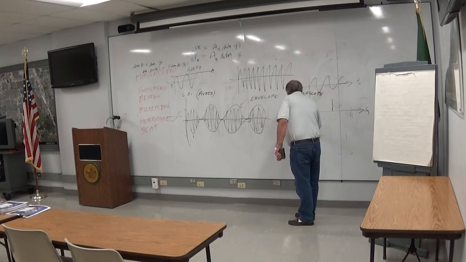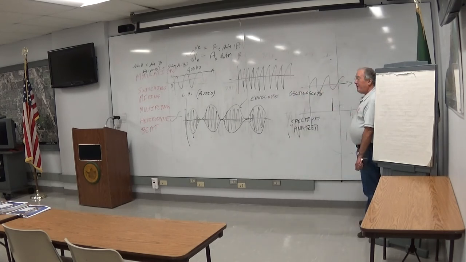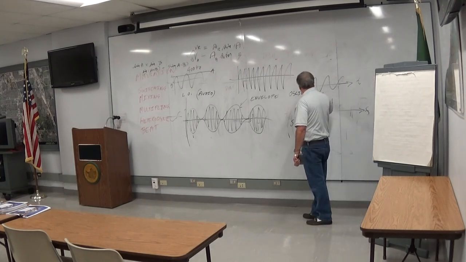Another instrument called a spectrum analyzer will give you this kind of a profile. One will have frequency as the horizontal axis, one will have time as the horizontal axis. Both will have amplitude as the vertical axis.